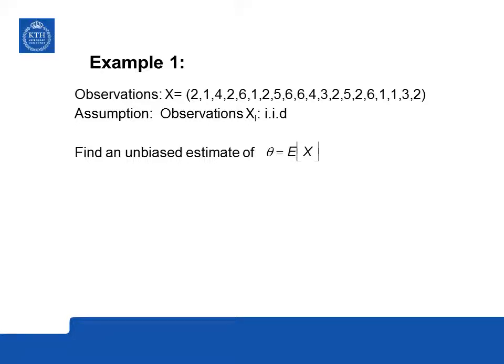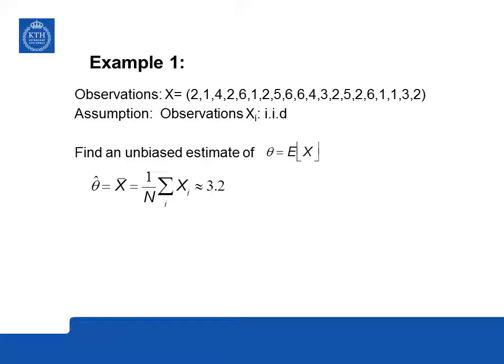So how do we do that? The most common estimator we can use is x bar, which is the arithmetic mean, or the average, of the observations. And if we do that, we get approximately 3.2 as our point estimate of the expectation.